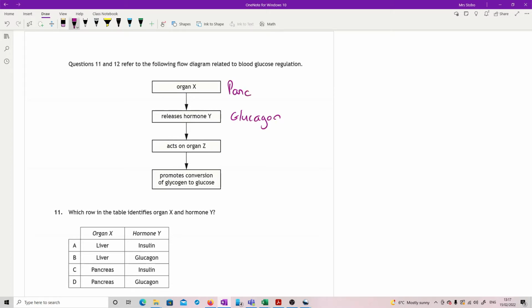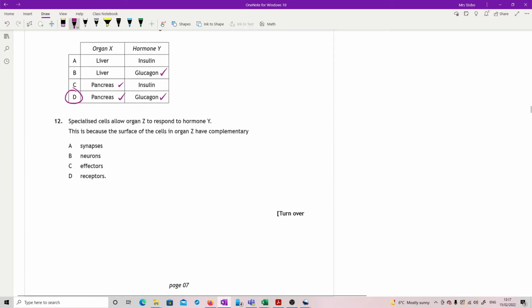Okay, organ X must be the pancreas, and organ Z would be your liver. So X is the pancreas, and the hormone is glucagon, hence D. It's this bit here, the glycogen to glucose, that you need to have got for the glucagon, because it's like: help, my glucose is gone.